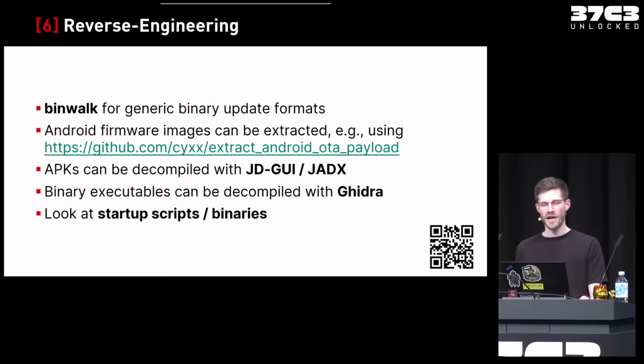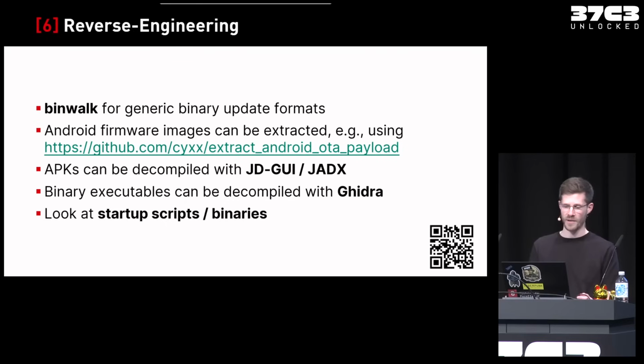If you have an unknown binary format, you can use binwalk. It's basically walking over the file, looking for known file signatures, and extracting these from the binary file. But we had an Android firmware image here, and there's a lot of existing tooling to unpack the firmware. Once it's unpacked, we can basically walk the file system and see what we can find there.